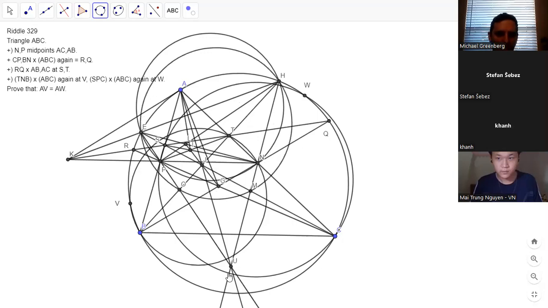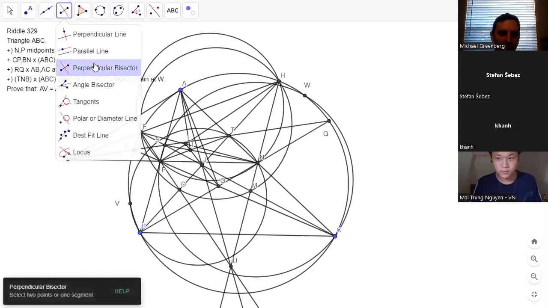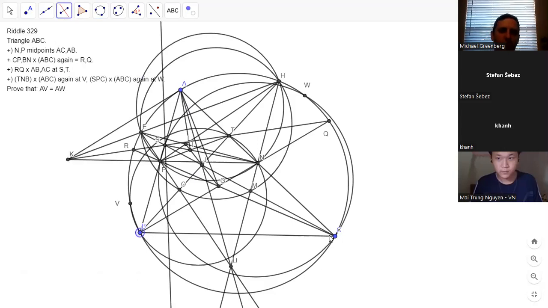So once we know that these concur, can we use the radical axis theorem or something? Let's see. So maybe we have UO times UE. I was going to say equals UB squared, but that's not true because U doesn't lie on the perpendicular bisector.